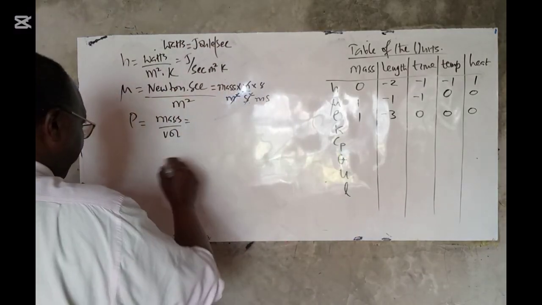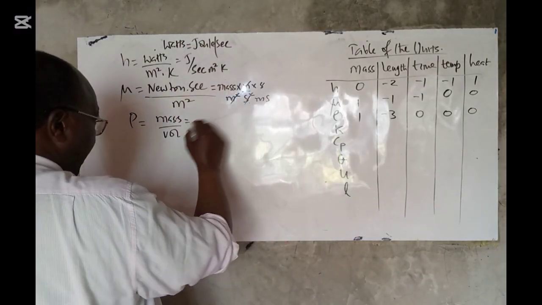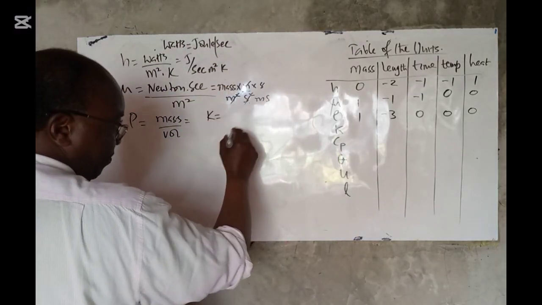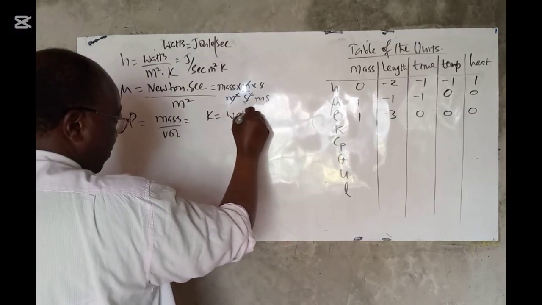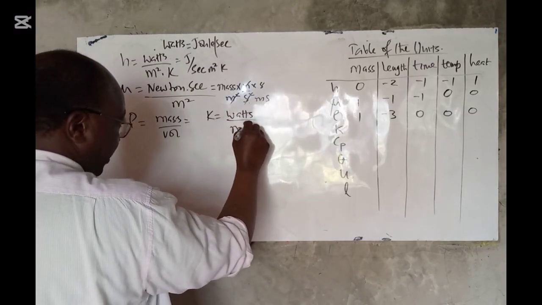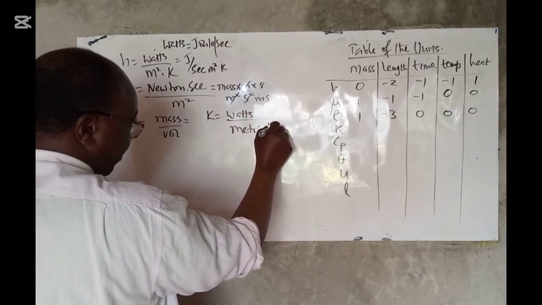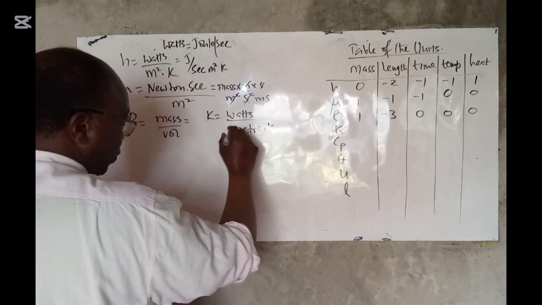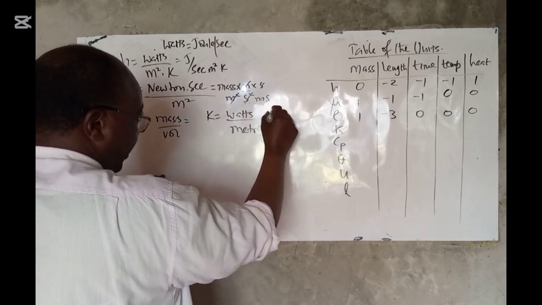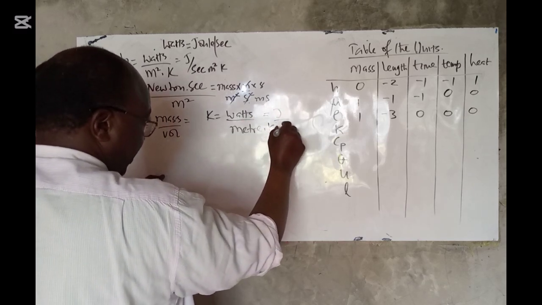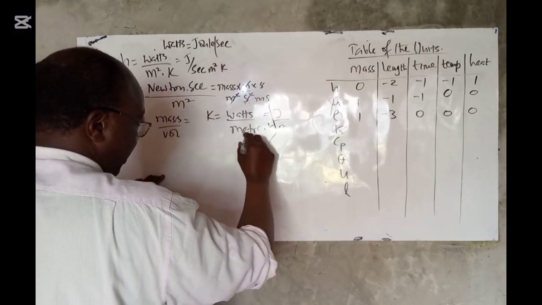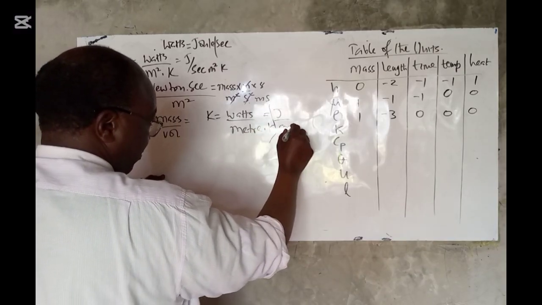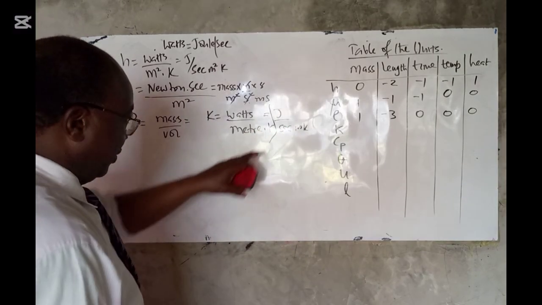Then we have K, which is thermal conductivity. K is watts per meter per Kelvin. Again, watts is joule per second.